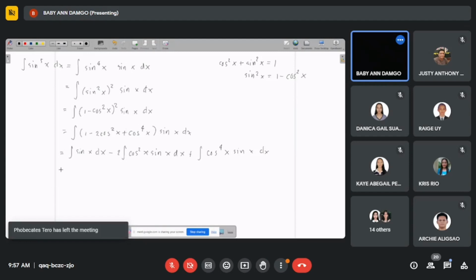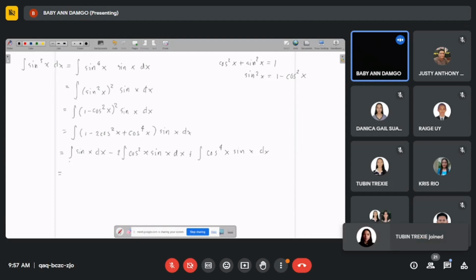Now, since this is part of the basic integral, we can do it directly, so we have here the integration of sine x dx is negative cosine x, so minus 2. So here, we let u be equal to cosine x. So our du here is negative sine x dx.